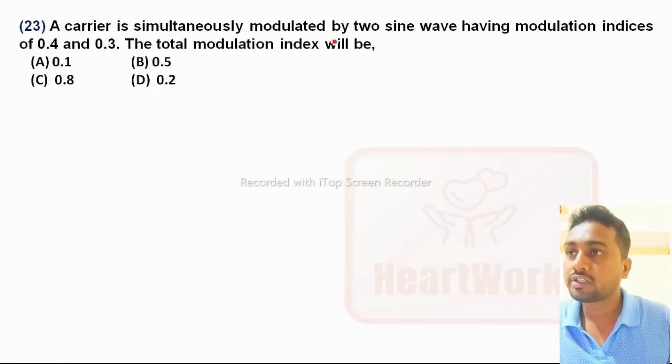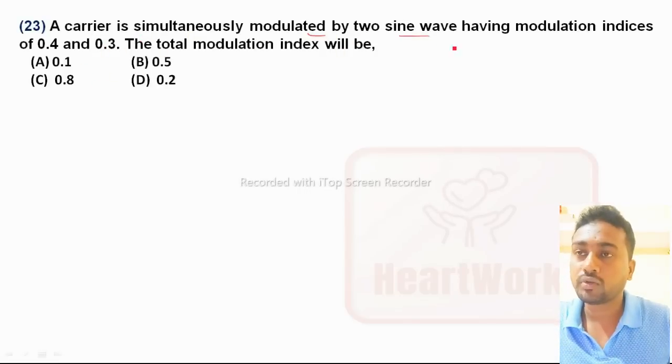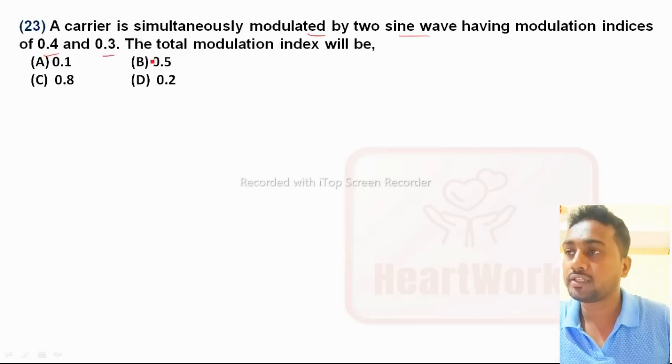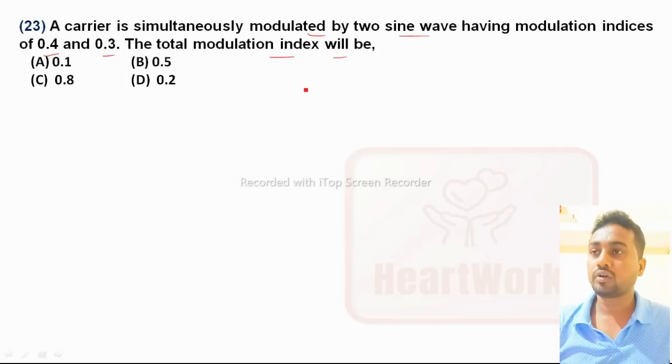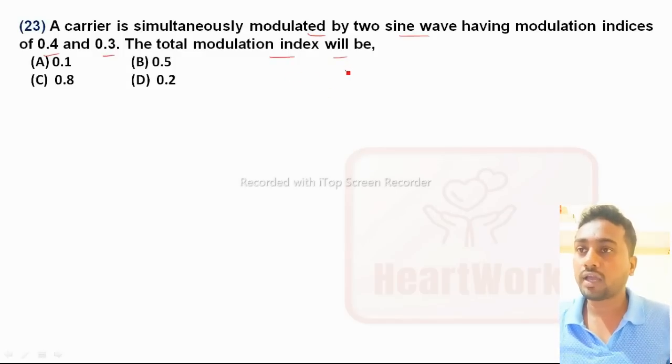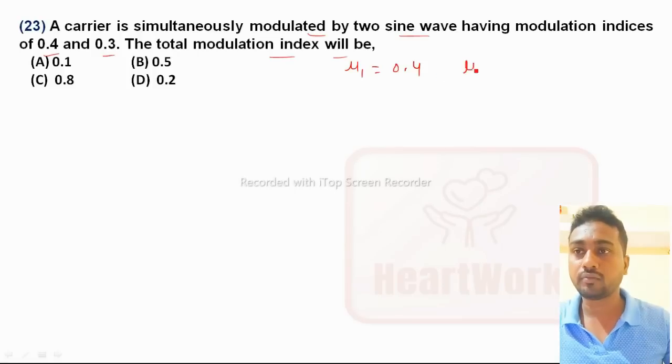A carrier is simultaneously modulated by two sine waves having modulation indices of 0.4 and 0.3. The total modulation index will be? Here we are given mu1 equal to 0.4 and mu2 equal to 0.3.